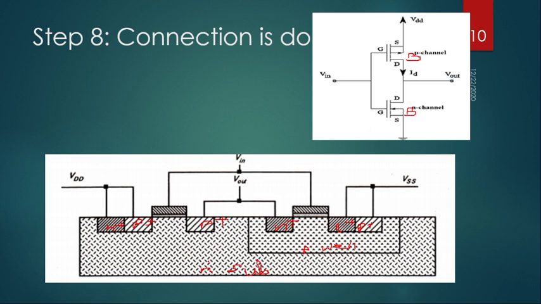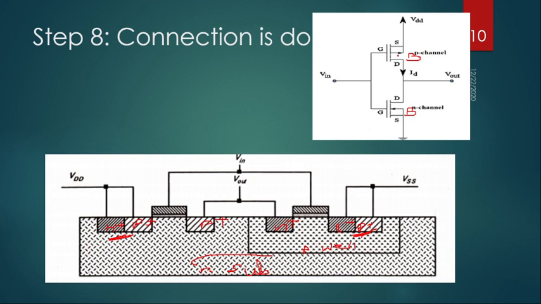Here you can see for the PMOS, the substrate type is N substrate, so the body terminal is made as N plus. For NMOS, the substrate is P type, P well, so P plus is made as the body terminal, and they are both connected to ground.